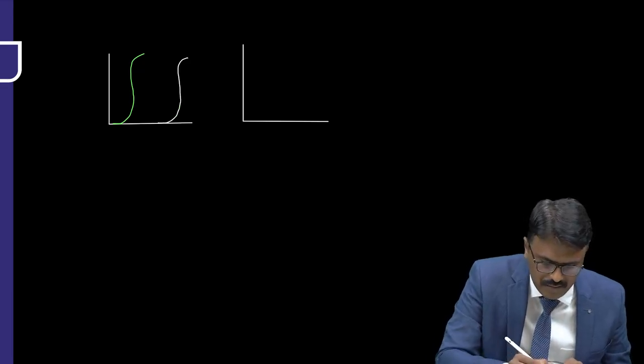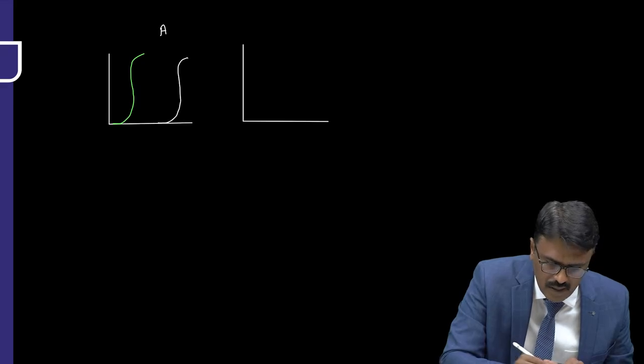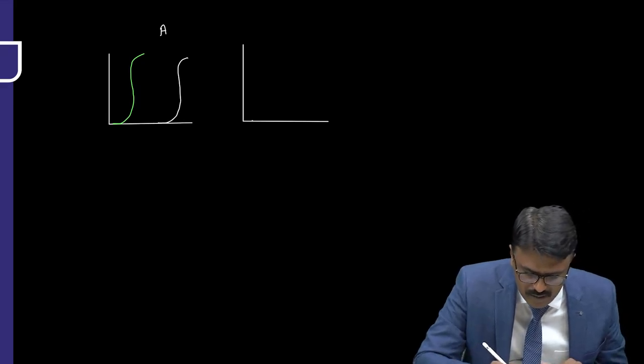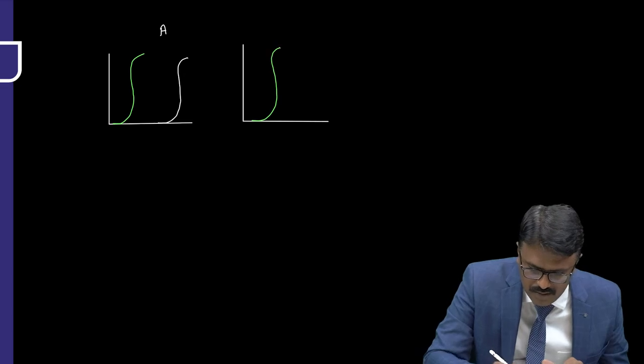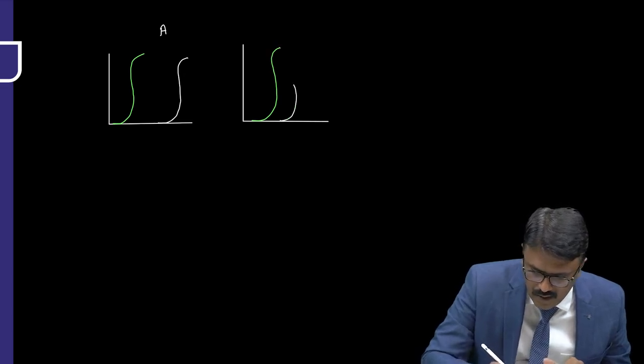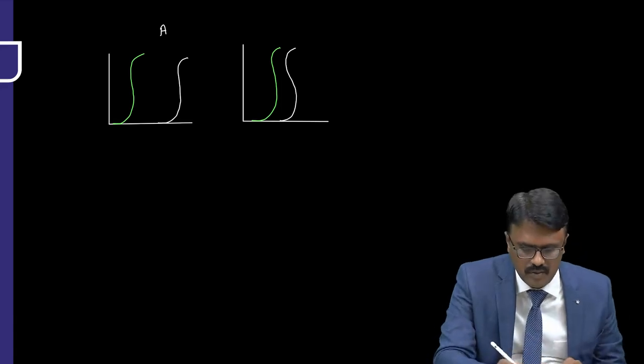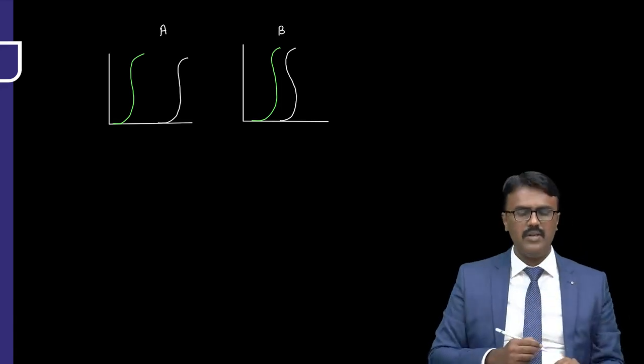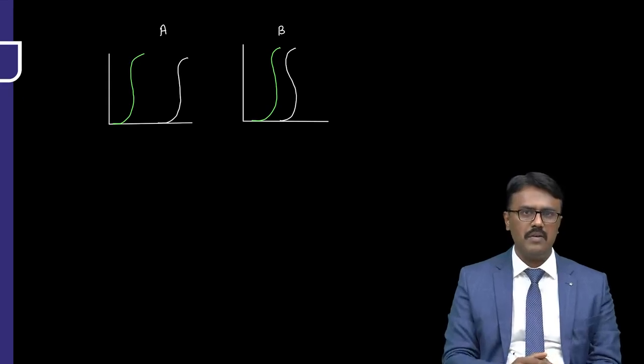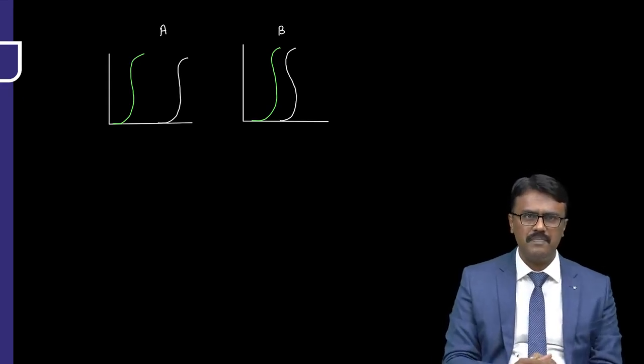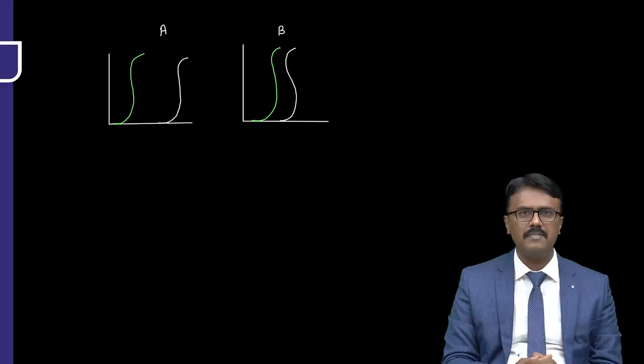Okay, this is drug A. And I will take one more example for drug B. This is the efficacy graph and this is the toxicity graph, for drug B. Now guys, you have to pause the video and tell me which drug is safe to prescribe. Drug A or drug B? Please come up with your answer. Pause the video and tell me.